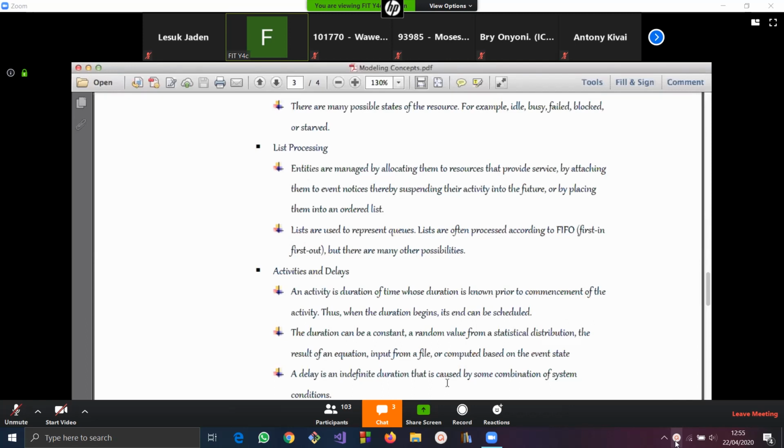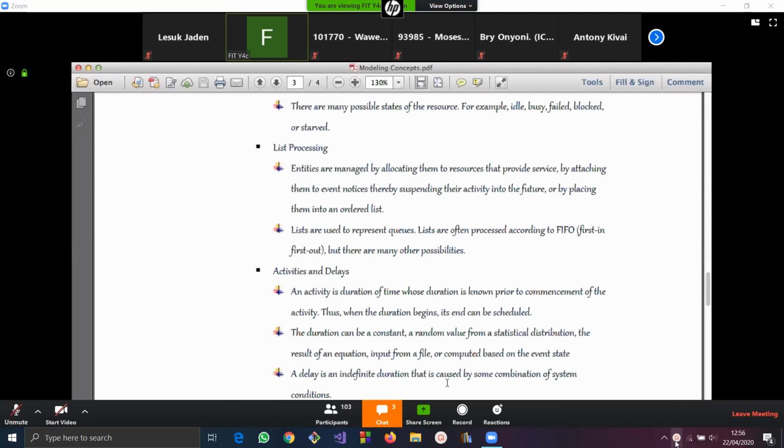That means we can't actually say for sure it is 20 seconds or 1 hour; it's indefinite, and that's what we call a delay. Obviously, a delay is also occasioned by what we call a process. This is important. Remember, small activities add together into what we call a process. Therefore, if there is a delay in one activity, it leads to a wholly delayed process.